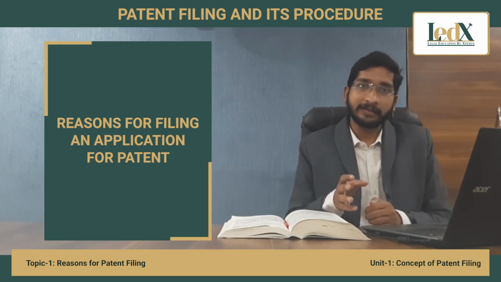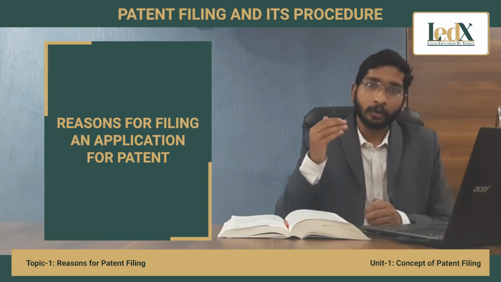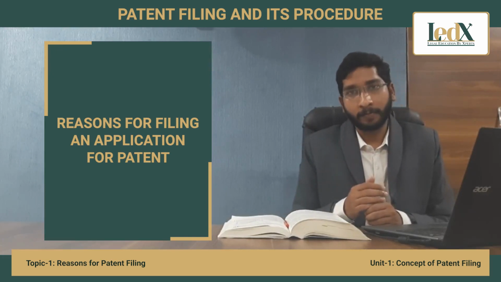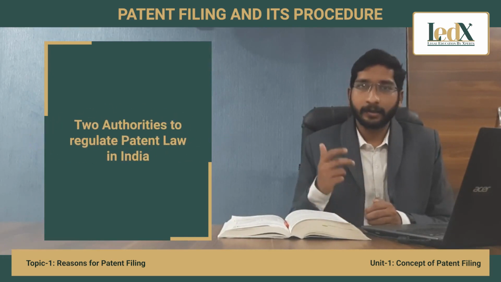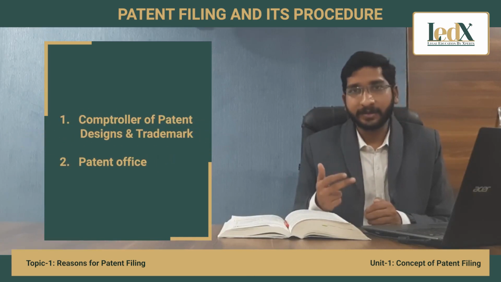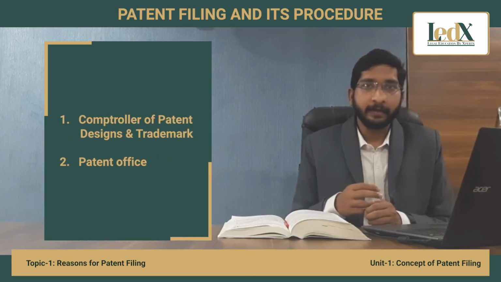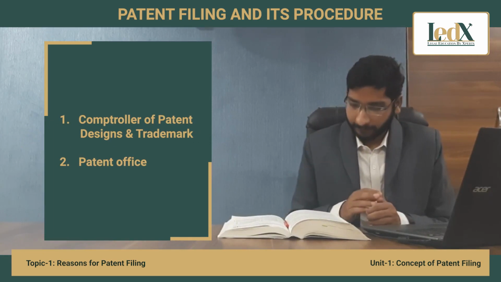Now, as we discussed in the last video, there are certain authorities that regulate intellectual property in India. For patent law, there are two authorities: one is the Controller of Patents, Designs and Trademarks, and secondly there is the patent office.